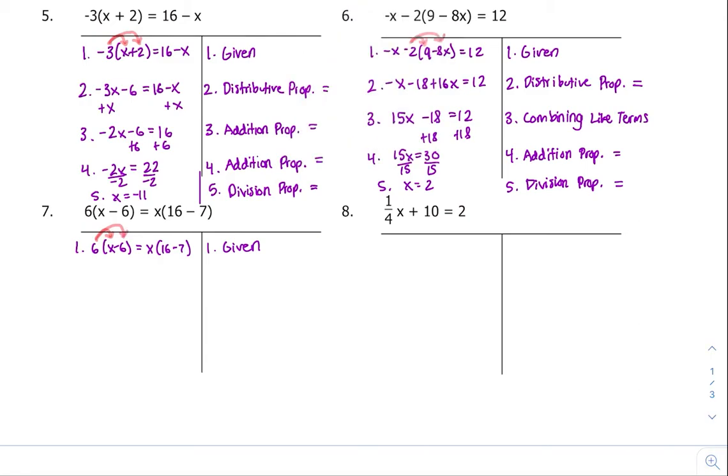Actually, we should do orders of operations first. So notice, you guys can simplify that, right? So we are going to get, this is still the same, but you guys know x times 16 minus 7 is 9. And the reason for that is, I'll just put that as combining like terms.